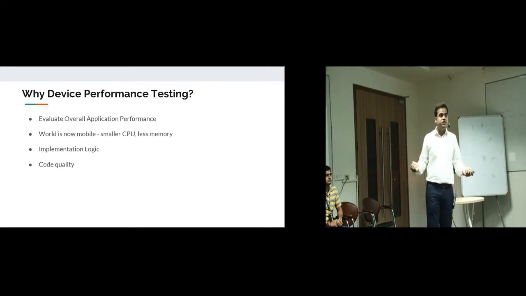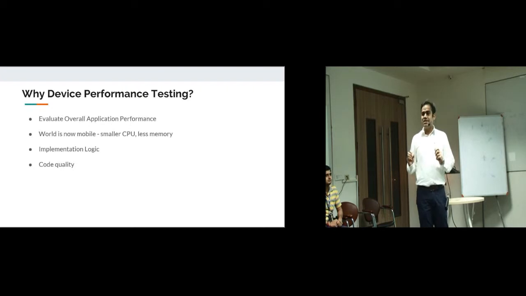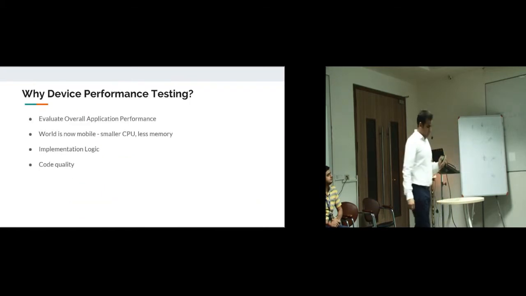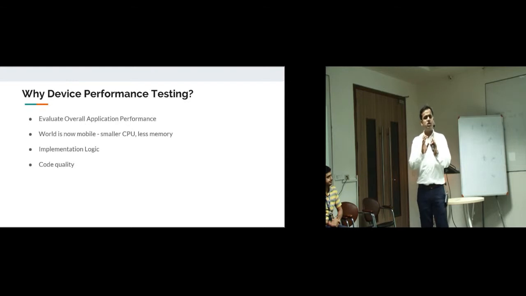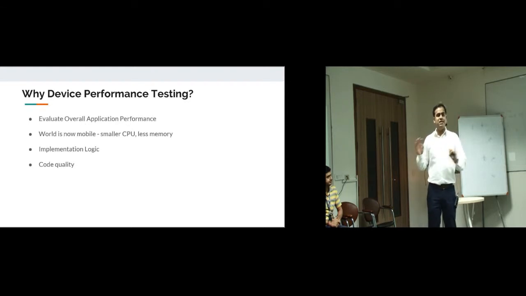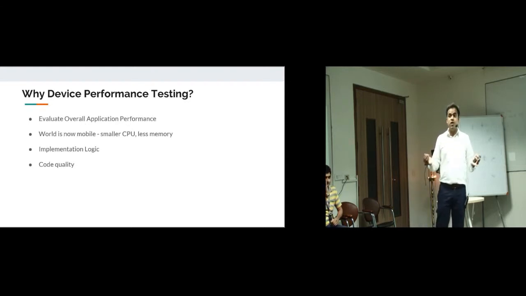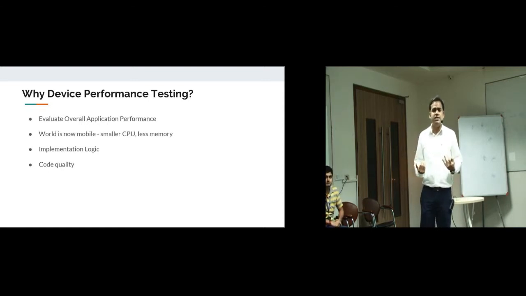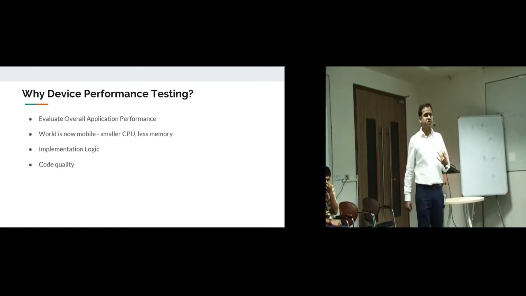This proves the fact that device performance testing is as critical as server performance testing. With a lot of users shifting from desktops and laptops to mobile, this has become even more important. That's why we have been hearing a lot more complaints, and that's why a lot of clients are coming to us for device performance testing.